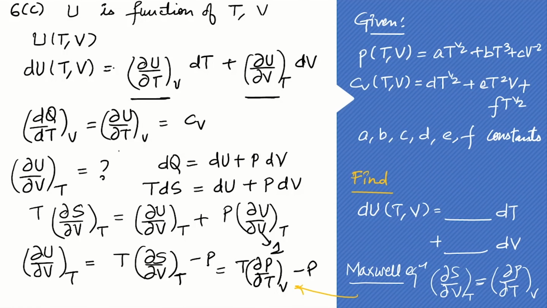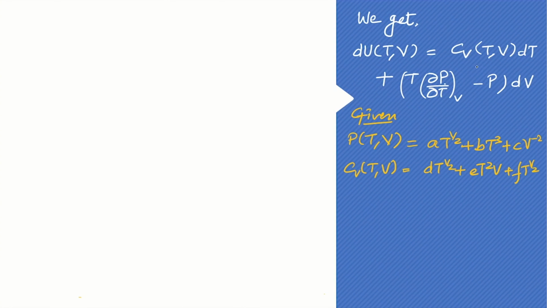So we have found this ∂U/∂T and this ∂U/∂V at constant temperature. So we will put these two expressions in. So we get this expression after putting this ∂U/∂T at constant volume is C_V, and this ∂U/∂V at constant temperature. So let's find the ∂P/∂T first. ∂P/∂T at constant volume. So we are given this expression of pressure in terms of T and V. So let's differentiate this.